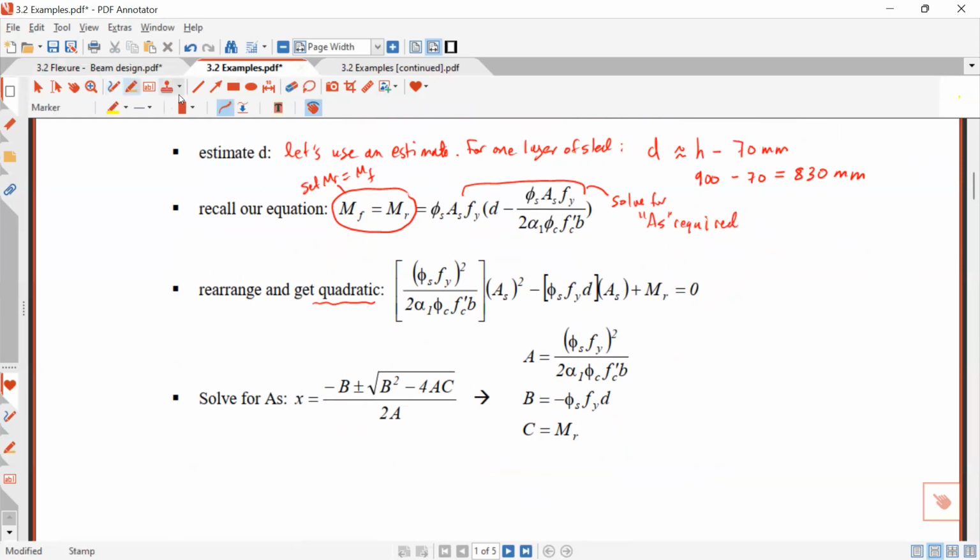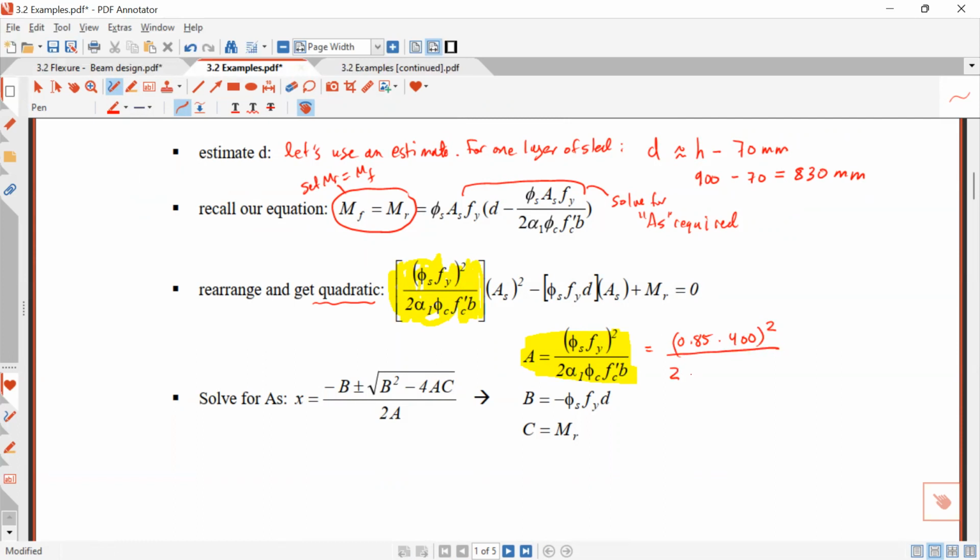So this first part, this one here, that's our A in here. If we do this one, it's equal to 0.85 times 400 squared divided by 2 alpha 1.